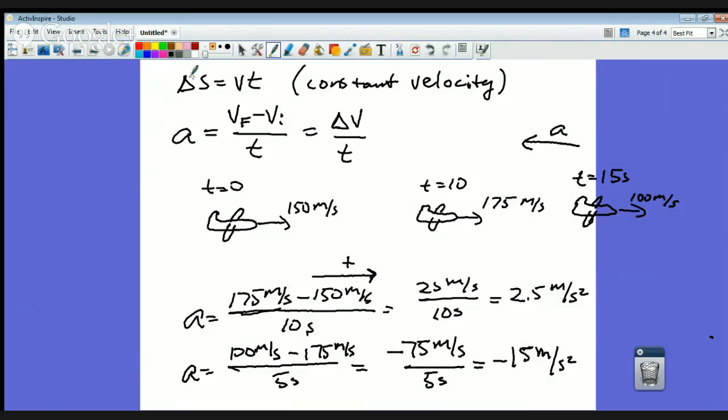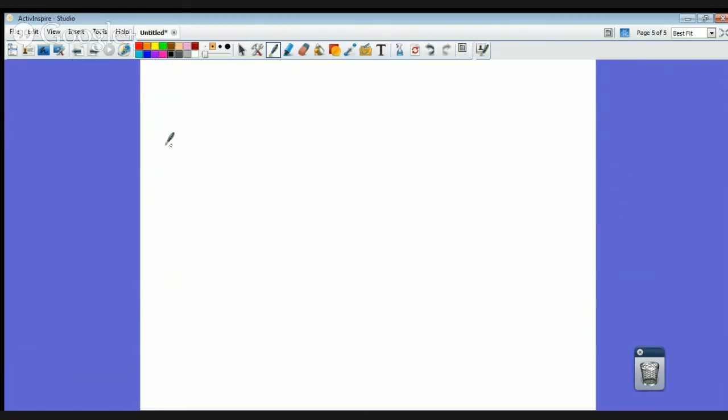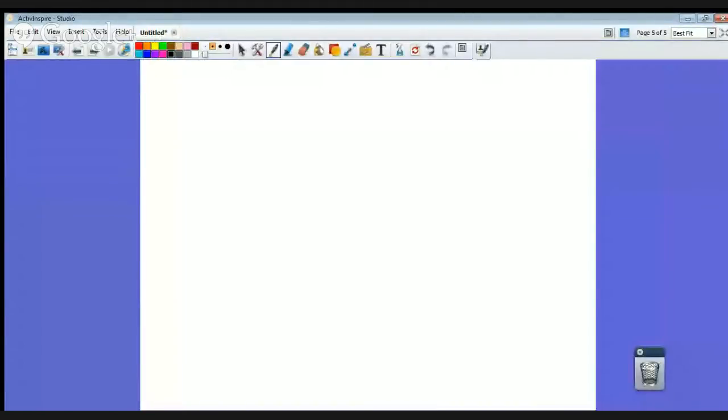Okay, so we learned that we can work these equations around and get some useful tools from them. The equations that we learned how to use: we ended up with VF is equal to VI plus the acceleration times the time.